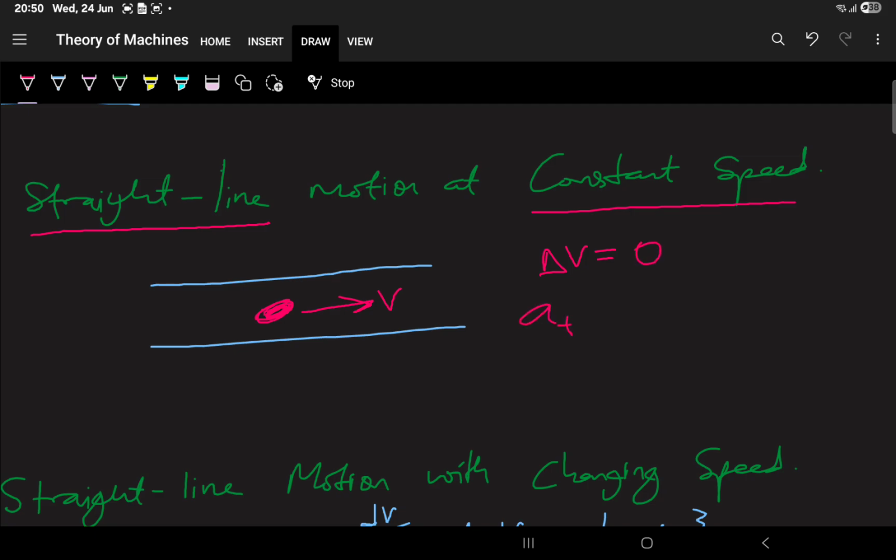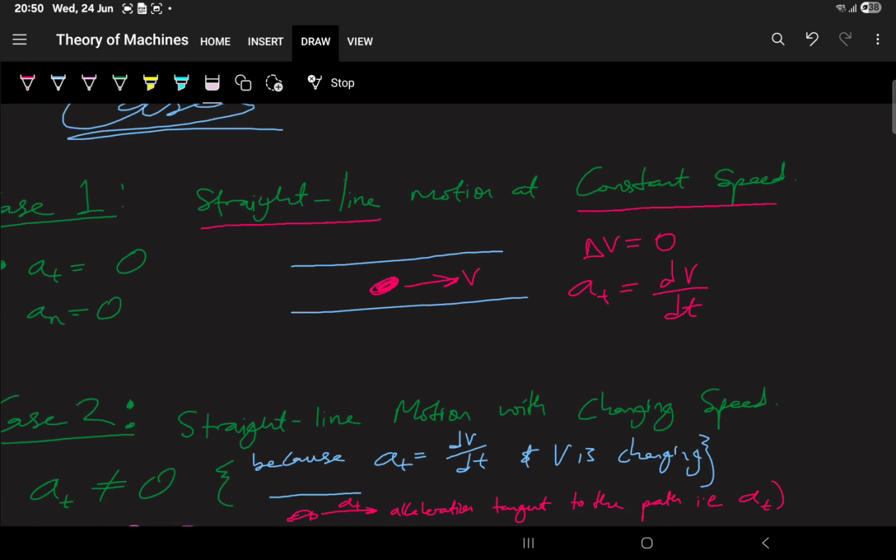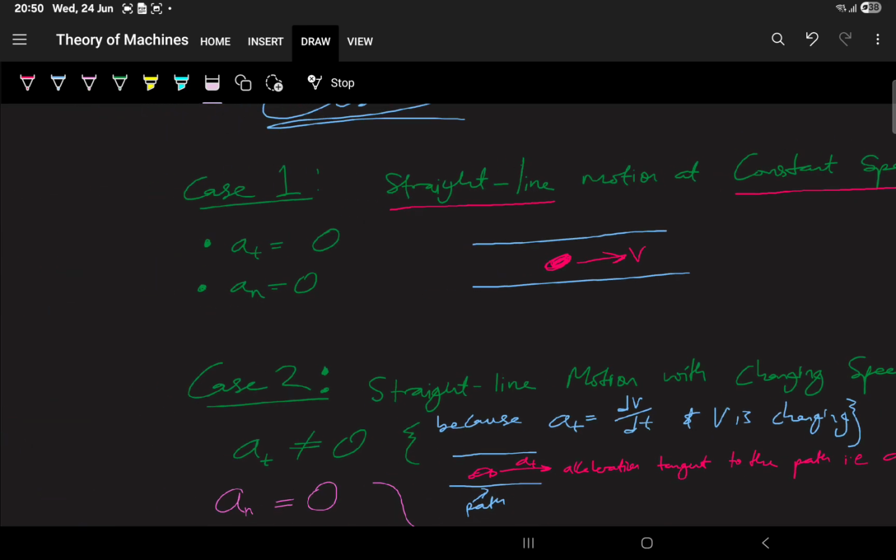Now our tangential acceleration is dependent on changing v, dv divided by dt. Hence, our tangential acceleration is 0.